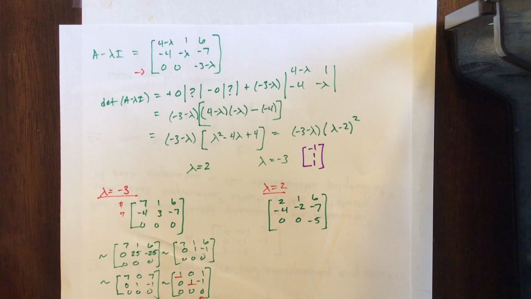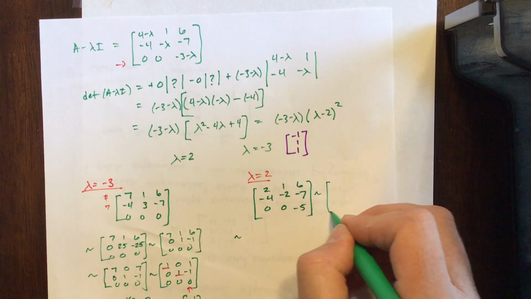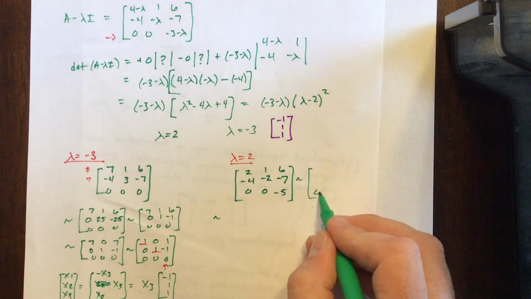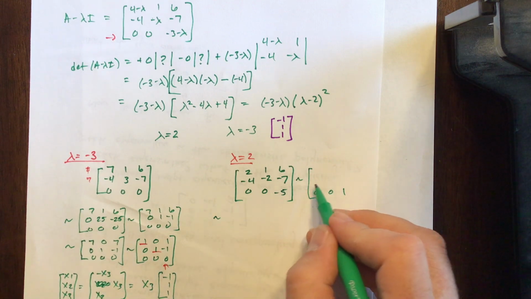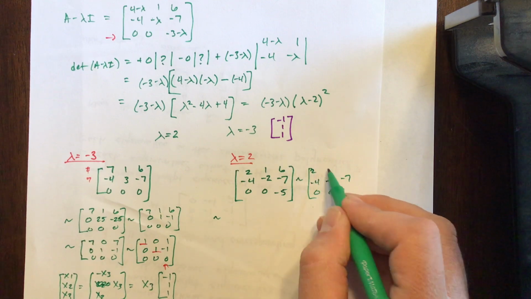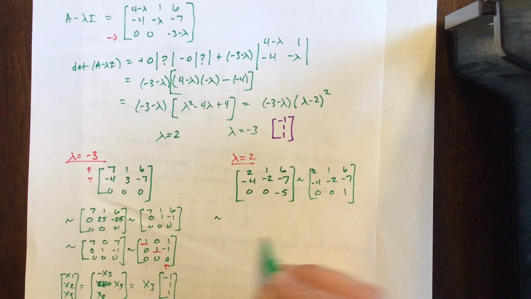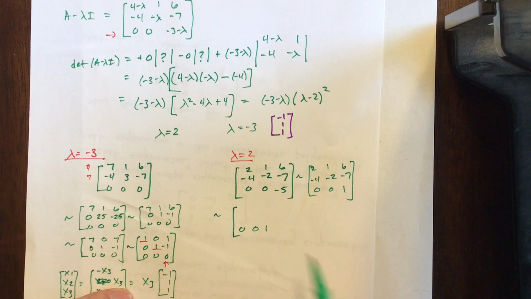So let's start row reducing. First off, before I waste some space, let's make this one 0, 0, 1. Scale row 3 by 5. Minus 4, minus 2, minus 7, 2, 1, and 6. That allows me to take row 2 and row 1 and subtract off 6 times row 3.